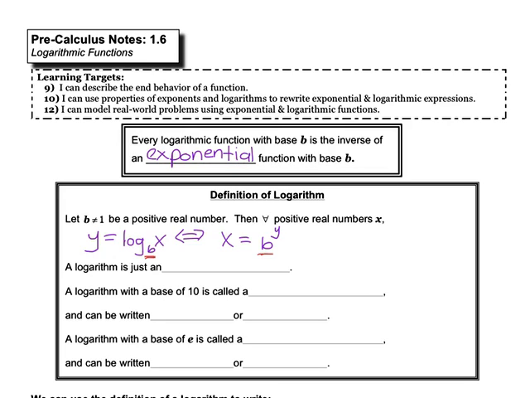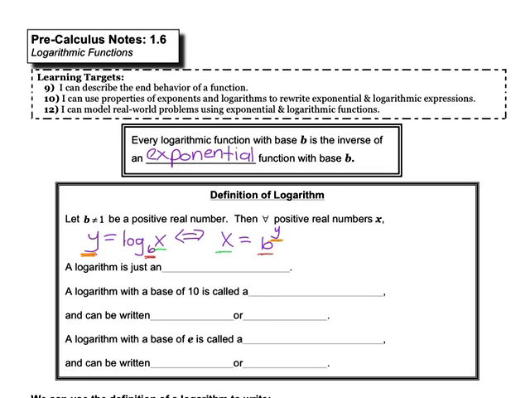Whatever you were taking the log of, in this case x, is what the exponential expression equals. And what the logarithm equaled, which originally is y, is the exponent of your base.